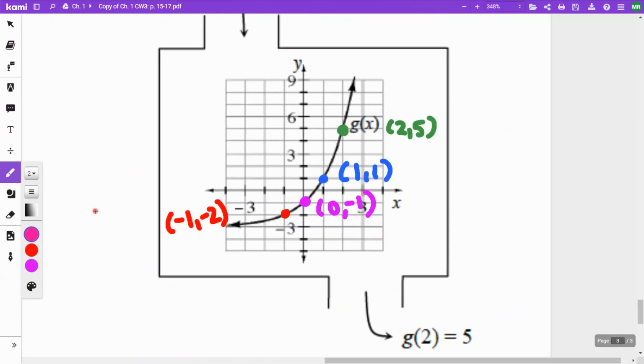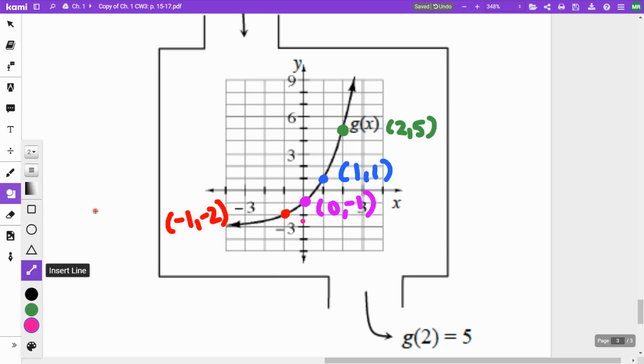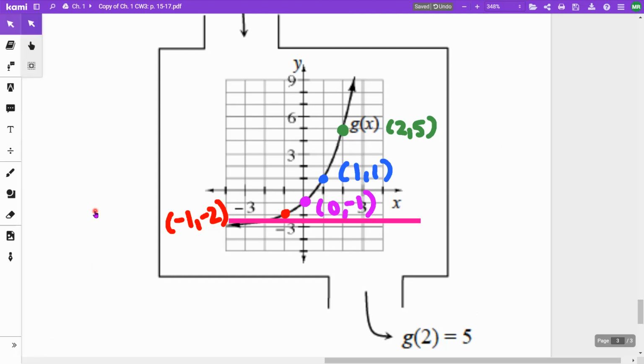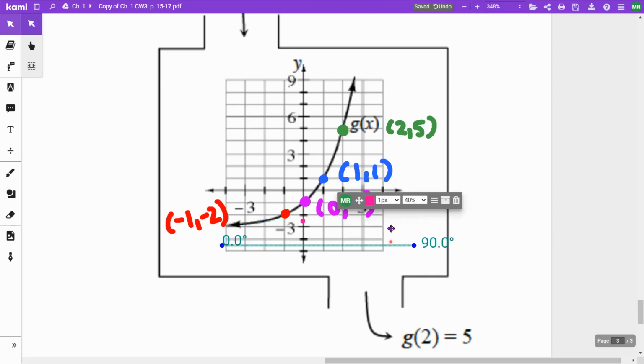So this is -1, -2, -2.5 is going to be somewhere here. Let me just kind of draw it. Let me get a line like this, and let me make that line a little smaller and a little fainter.